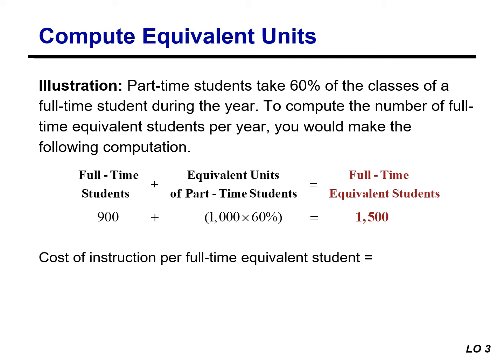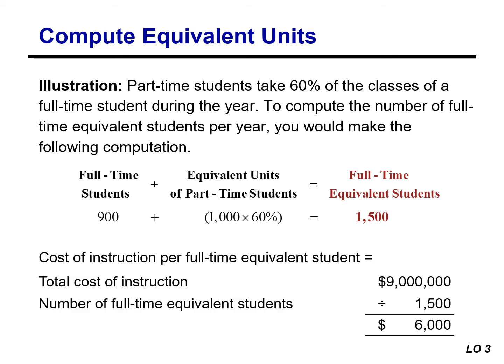If we add that to the full-time students, we arrive at 1,500 full-time equivalent students. The cost of instruction per full-time equivalent student is simply the cost of instruction of $9 million divided by the number of full-time equivalent students, 1,500, which is $6,000.